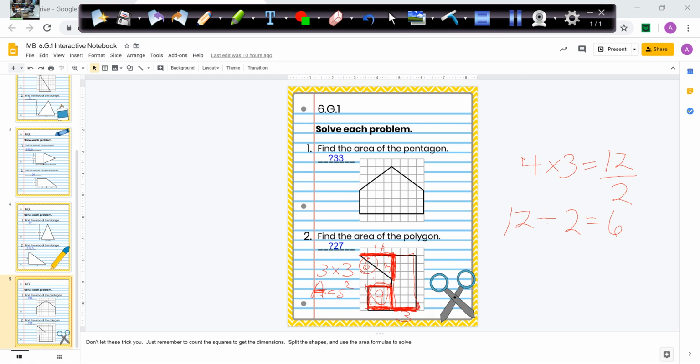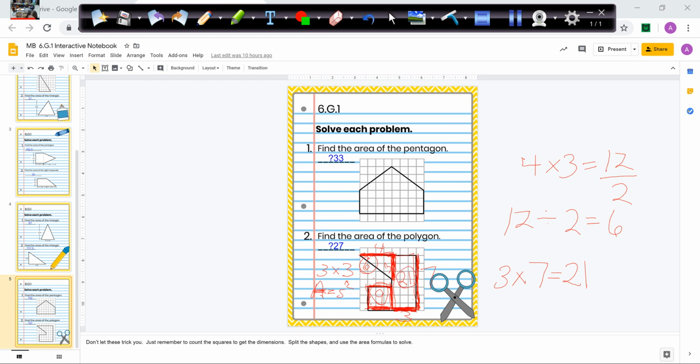We've got 1, 2, 3, 4, 5, 6, 7. 7 up and down, 3 across. So 3 times 7 is 21. The area of this rectangle is 21.